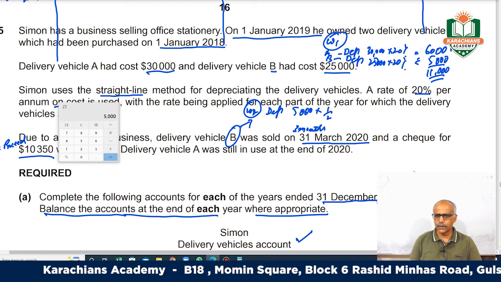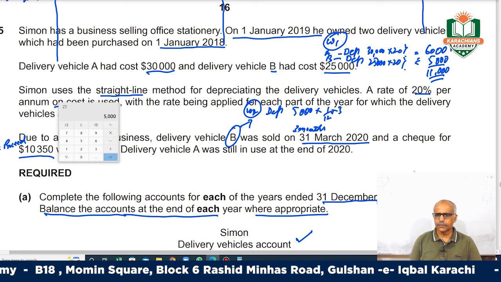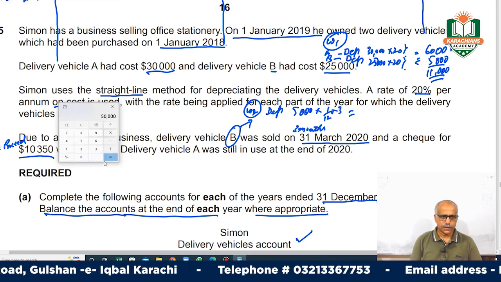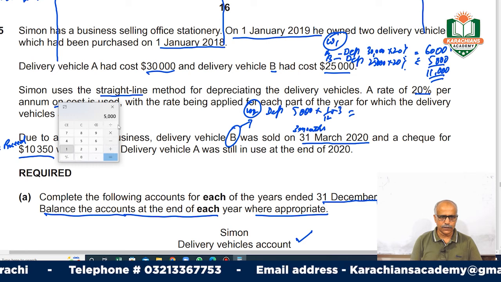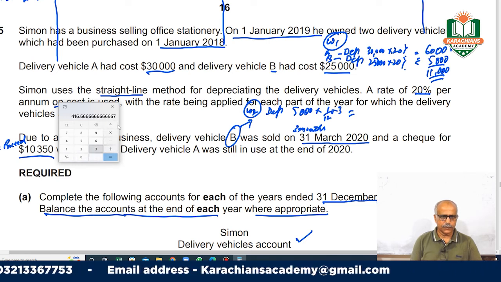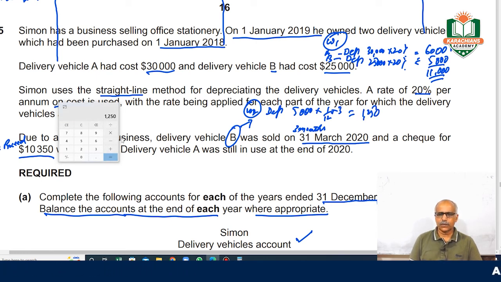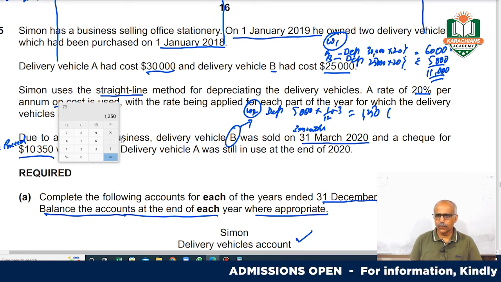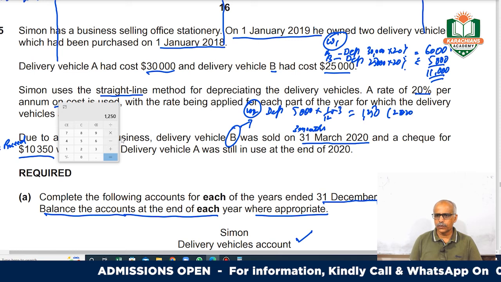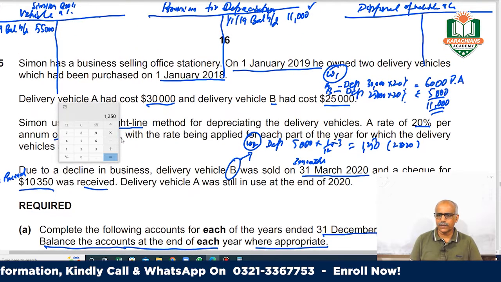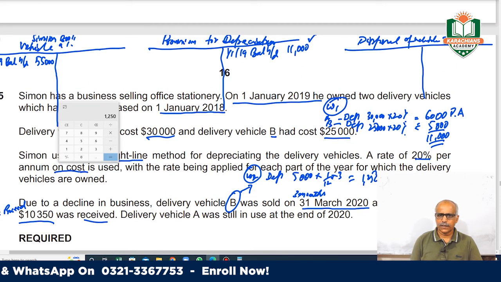So divided by 12 into 3. So 5,000 divided by 12 and 3 months depreciation you have to calculate: 1,250. For 3 months this will be the depreciation, right? This will be depreciation for 2020 for vehicle B. For vehicle A will be complete 6,000, right?